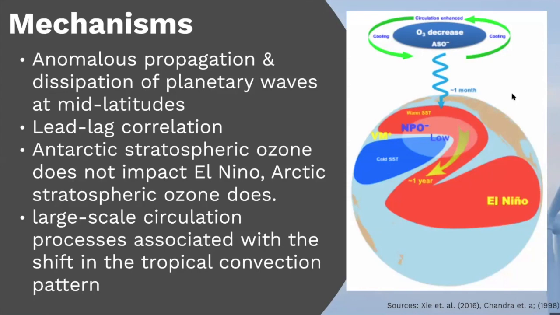Antarctic stratospheric ozone does not impact El Niño, whereas Arctic stratospheric ozone does, as shown in the figure. Another team at NASA Goddard Space Flight Center and the Jet Propulsion Laboratory studied the 1997 to 1998 El Niño season, and they discovered that ozone is affected by large-scale circulation processes associated with the shift in the tropical convection pattern and events such as forest fires.